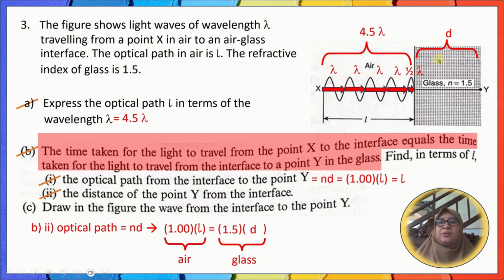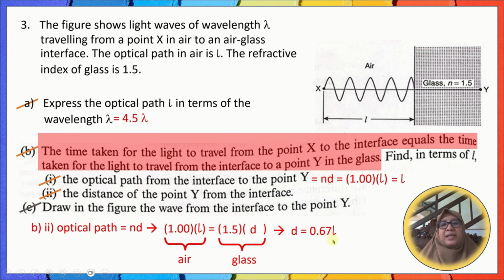So let's use D as a symbol for the distance from the interface to Y. So D. So we equate them. Why are they equal? Because the time taken is the same. So now the answer is D equals 0.67 L. Okay, so that's the answer for question B2.